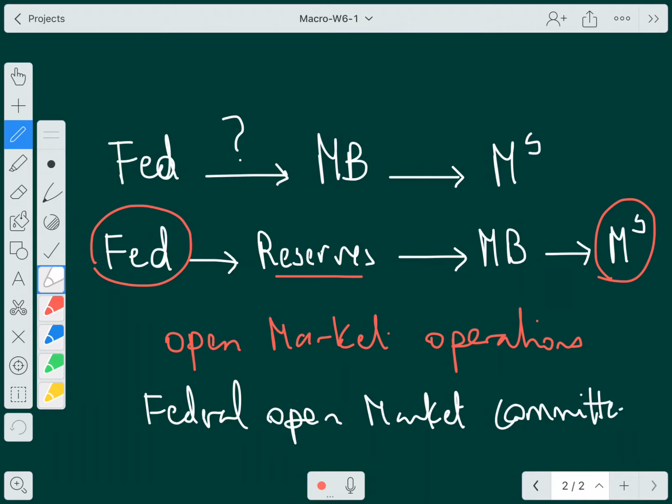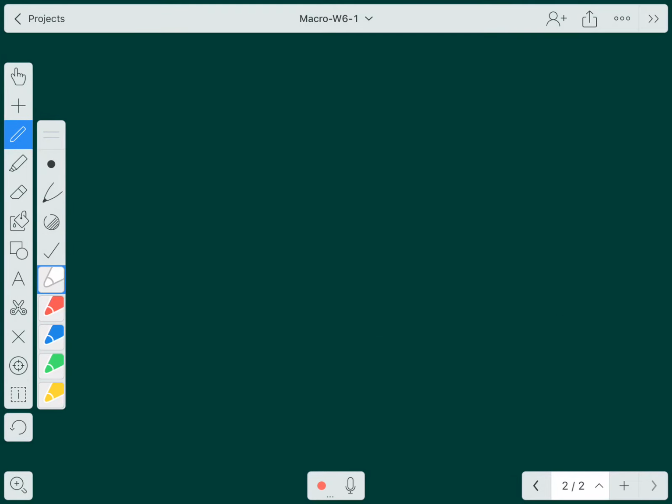Okay, so the Federal Open Market Committee is the committee that takes care of the open market operations. But the question is, what are open market operations?